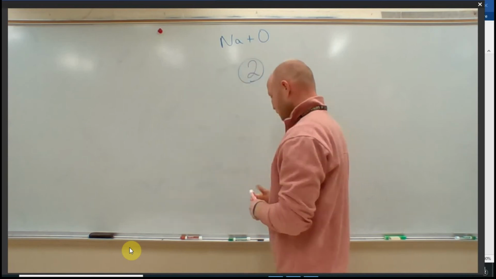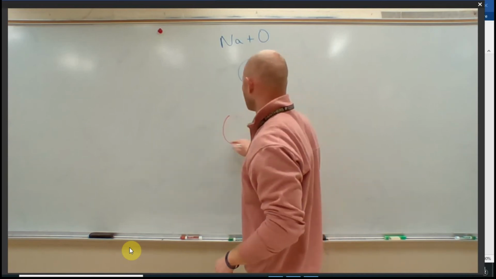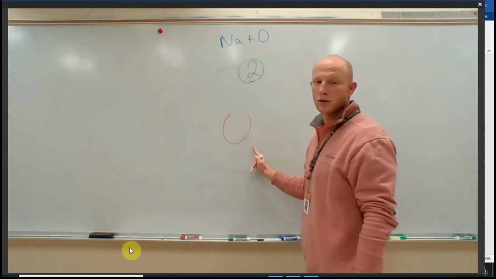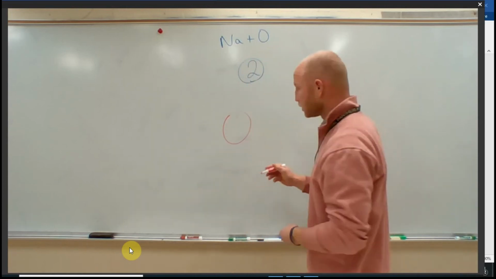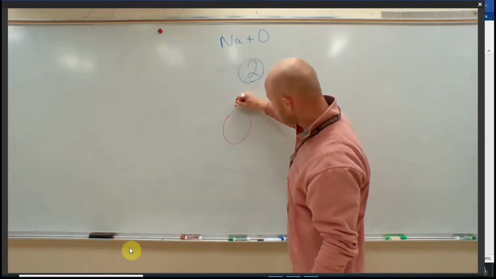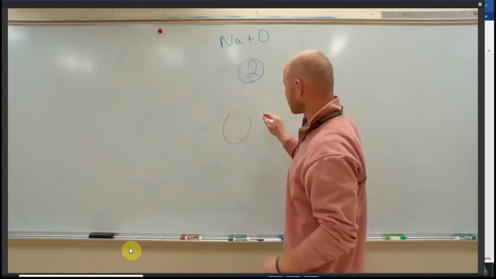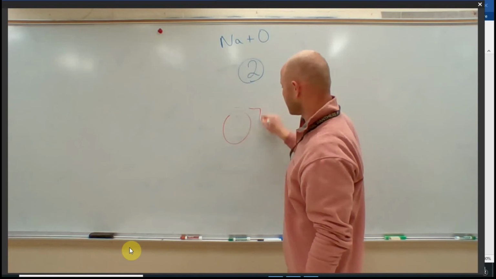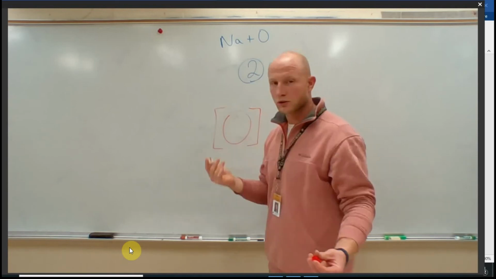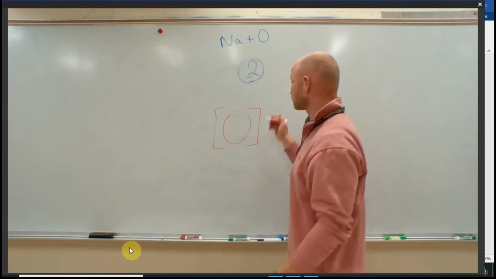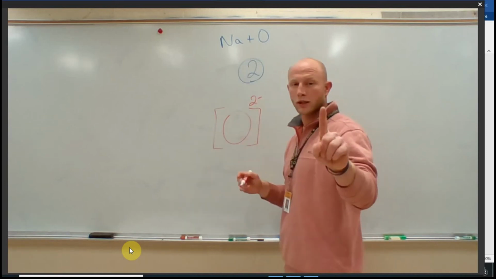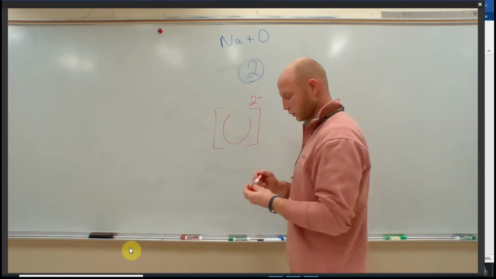Step 2, so I have only 1 oxygen atom, so I'm going to put him in the middle because there's 2 sodiums. Oh, I don't have to worry about the valence electrons, sorry about that, and I'll go ahead and put brackets around him. And so what did we just say his charge was? Well, oxygen's charge is going to be -2 because he got 1 electron from each of 2 sodiums.